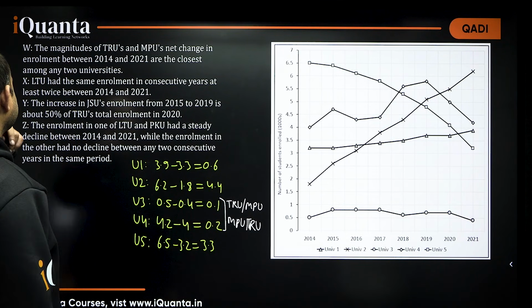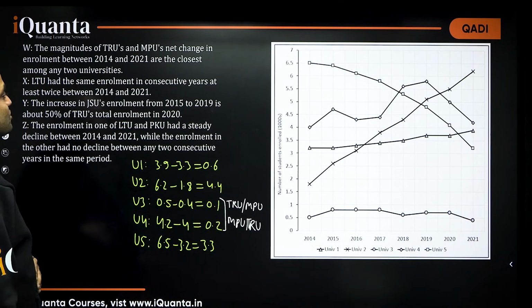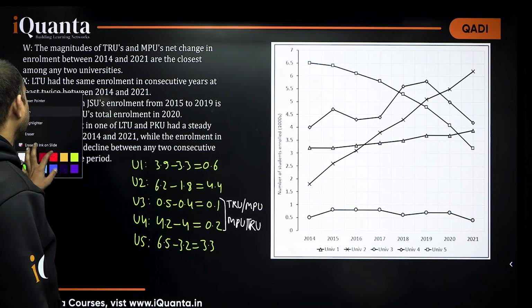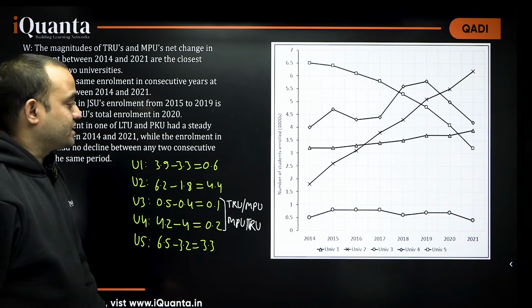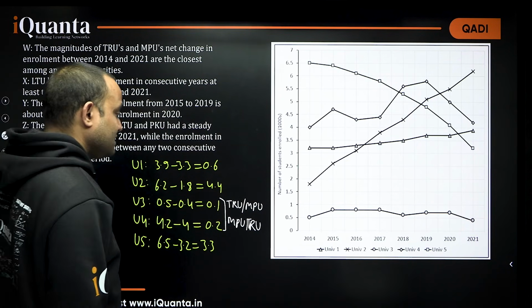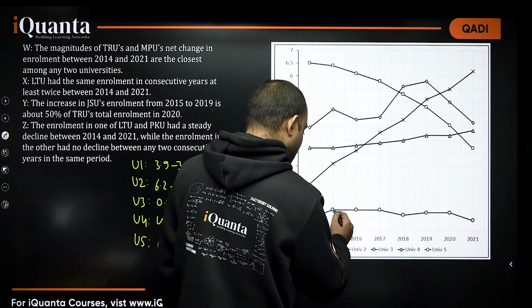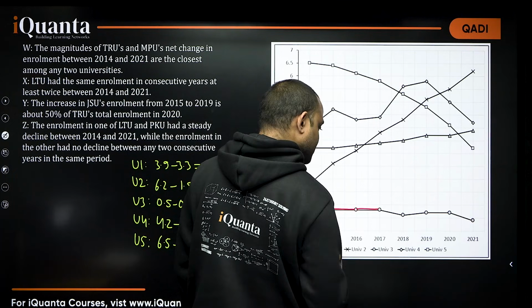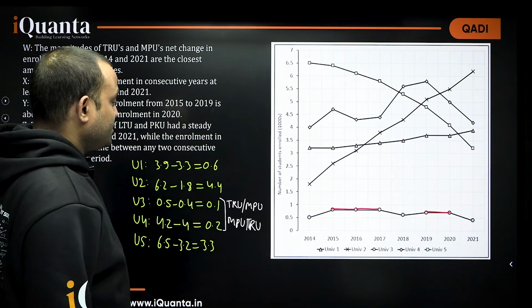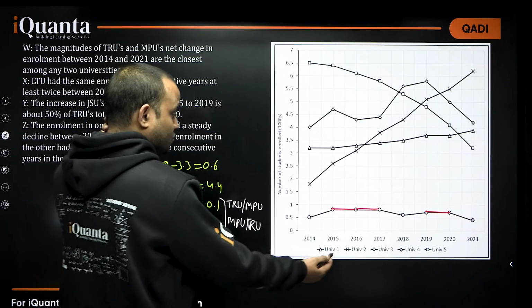From statement X, it says LTU had the same enrollment in consecutive years at least twice between 2014 to 2021. Same enrollment in consecutive years, I see here, and then again I see this here. So, LTU could be University 3.